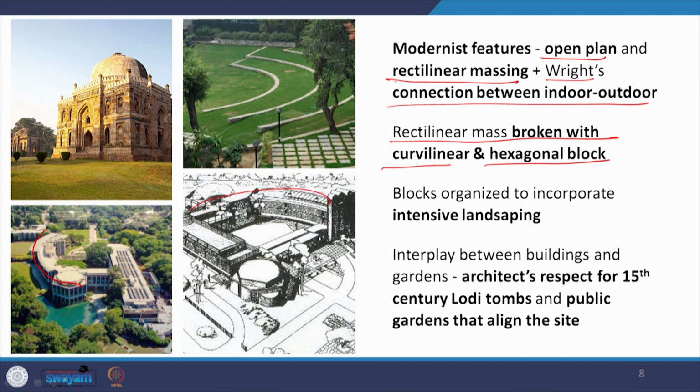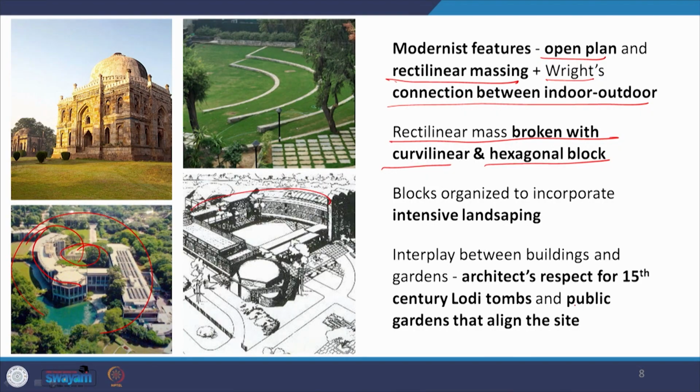So the way the built form is organized allows him to provide landscaping within the buildings and around the buildings. So landscaping dominates the built form, and in a sense the serene landscape, the quietness of the greens is all around it.